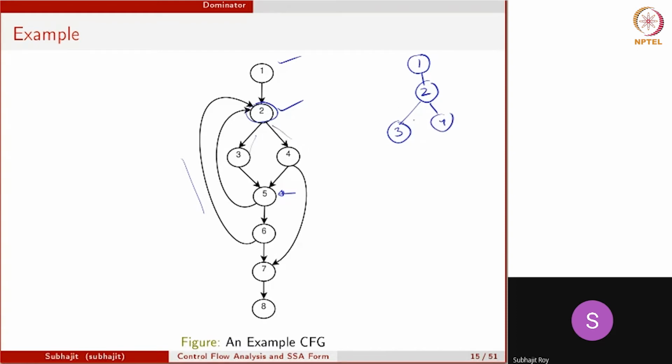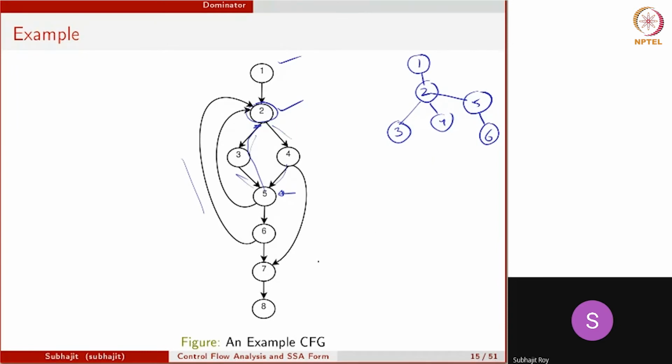Where will 5 be? Whose child will 5 be? Node 2. Excellent. I was trying to trick you, but you are too clever. It has to be a child of node 2 because 2 is the immediate dominator of 5. Neither 4 nor 3 is a dominator of 5. Then 6 goes here.